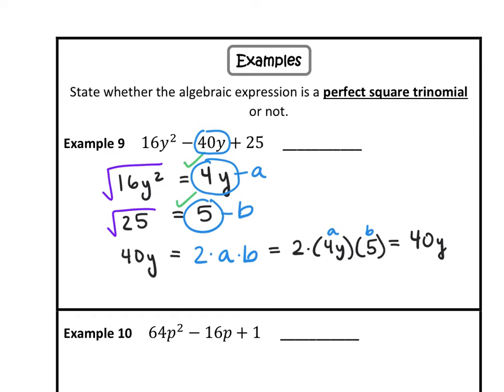Bring over the y. So does it match up? Is the middle term equal to 40y? Yes. So we got everything checked off. So we would say that this is a perfect square trinomial.